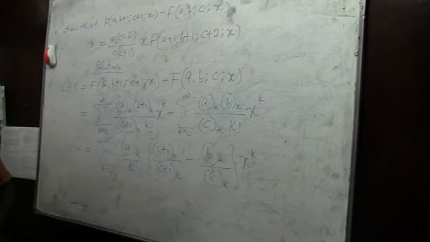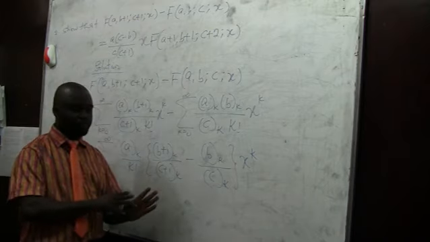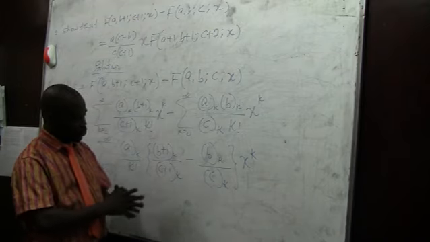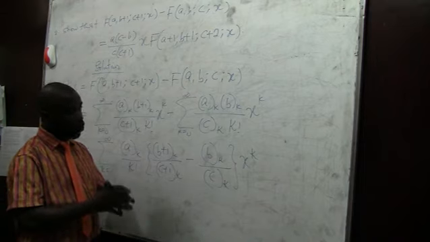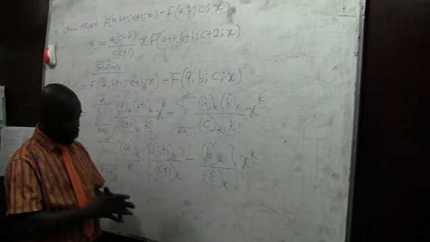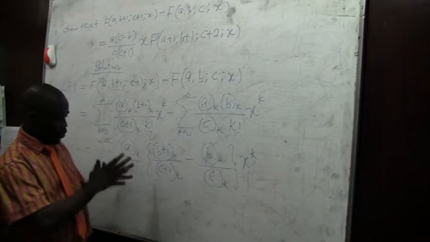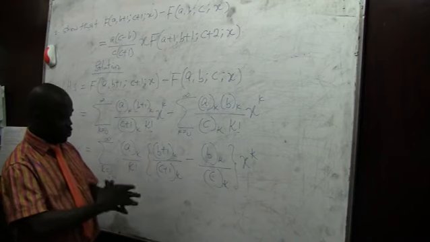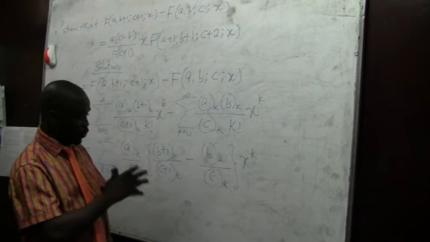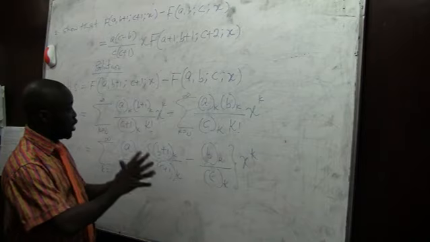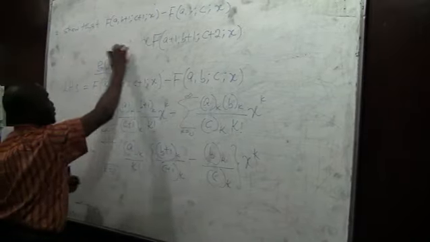So, where we are now, there is need for us to determine the LCM of the factorial function of c plus 1 and factorial function of c. What will be the LCM? In order to see this one quickly, it is advisable to expand first the factorial function of c plus 1 using the definition, and the factorial function of c using the definition. From there, we'll be able to see what the LCM will look like.